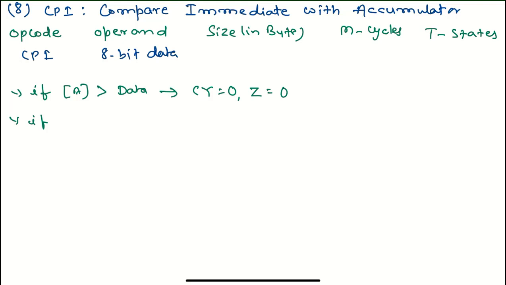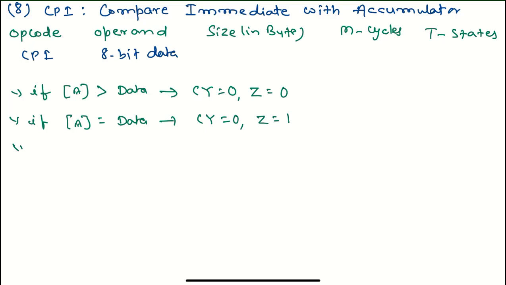As a second case, if the content of the accumulator is equal to the 8-bit immediate data, then the carry flag is reset, because no borrow or carry is required to perform the subtraction, and the result of the subtraction will be zero. So the zero flag will be set here.